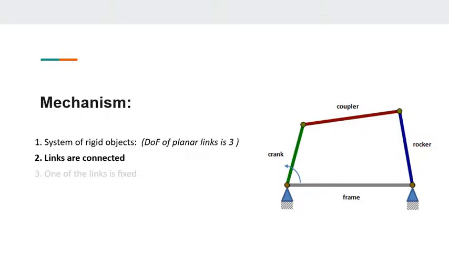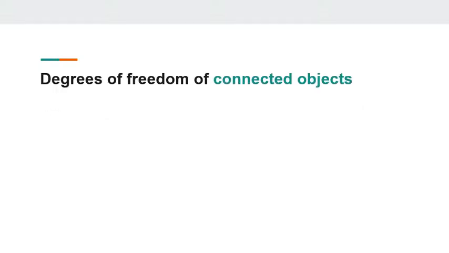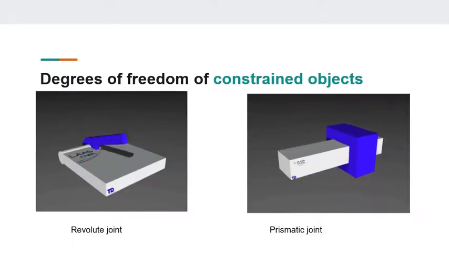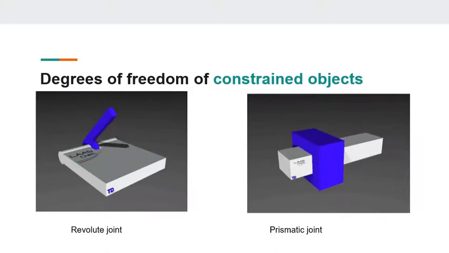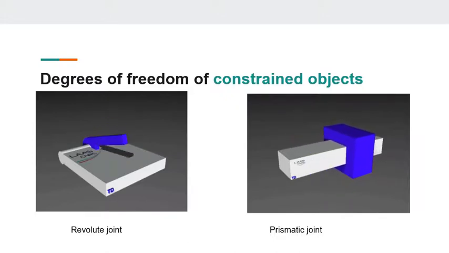The second characteristic of a mechanism we are interested in is the connection between the different links of a mechanism. Let us see how the connection between links affects the degrees of freedom of the mechanism. The prismatic joint and revolute joint are the two widely used joints.